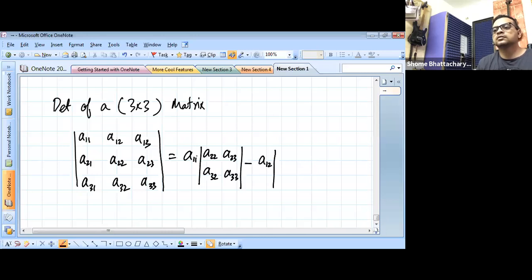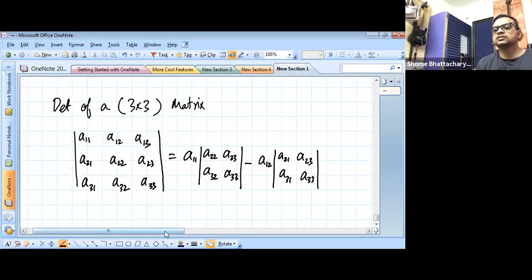Now remove the first row and second column. So remove this part, and you're left with these two terms and these two terms. So it is A21, A23, A31, A33.